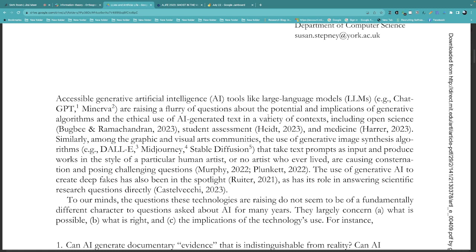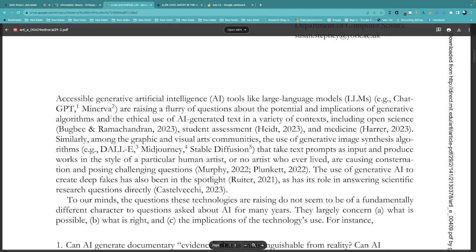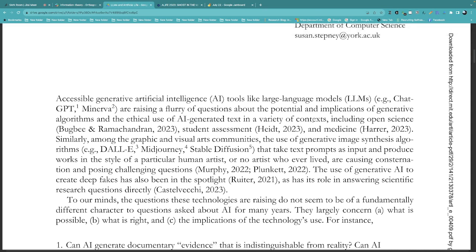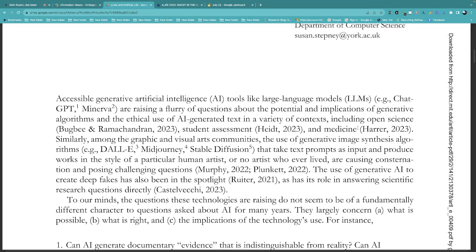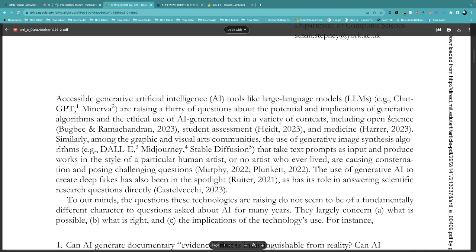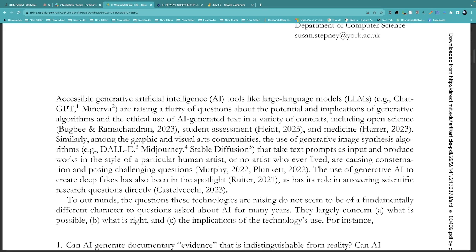So we're interested in large language models and generative artificial intelligence, and it's really raised a bunch of questions about the potential and implications of generative algorithms and the ethical use of AI-generated text in a variety of contexts. This includes open science, student assessment, and medicine, which are really interesting, and I don't know what these references are, but we'll have to look them up later.